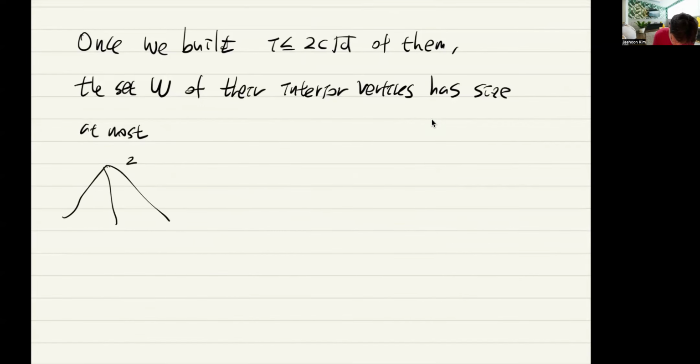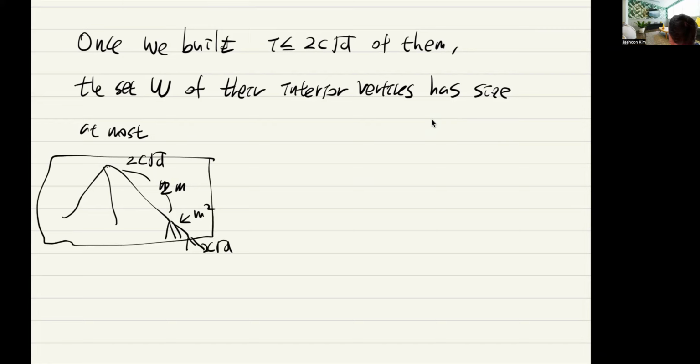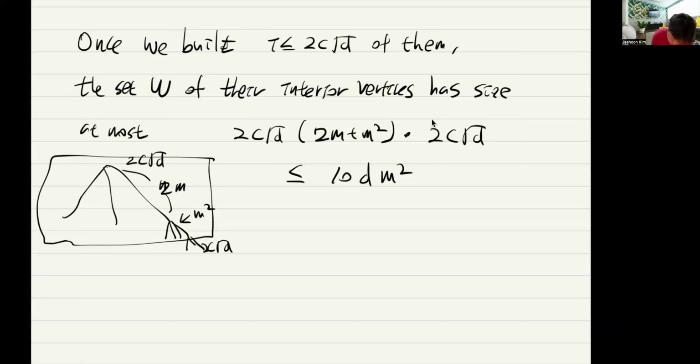Each one gives you 2 times C square root of D, and then this length is like 2M, and here it is expanded by M square, and then 2C square root of D. So up to here, you get 2 times C square root of D times 2M plus M square. And the number of units is this, so at most like 10 times D M square. C is a small number, so we ignore it.